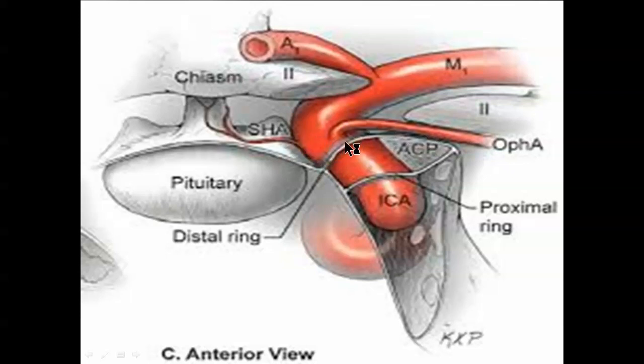Once the internal carotid artery passes this dural ring, the distal dural ring to be more precise, the internal carotid artery enters the subarachnoid space. This one is the clinoid segment, and over here it passes into the subarachnoid space. So this is the clinoid segment over here.